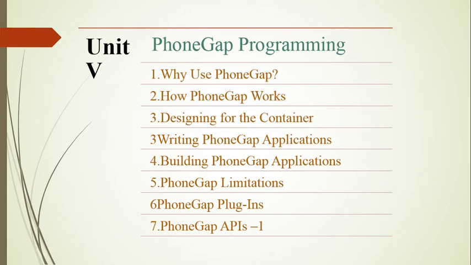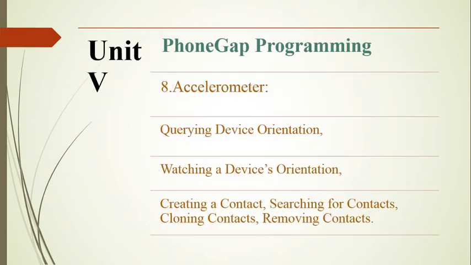PhoneGap provides various APIs. The accelerometer API provides feedback for the device's motion across all 3 axes. Then next topic is querying device orientation.